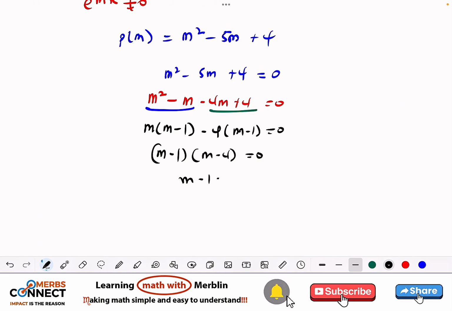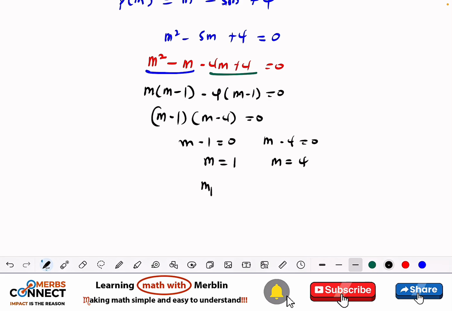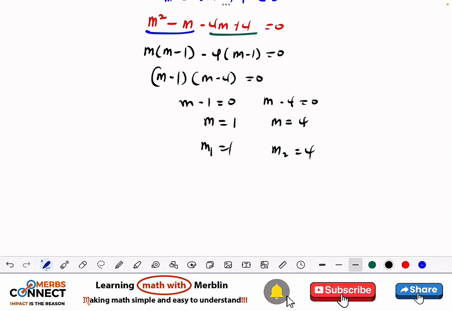So m minus 1 is equal to 0, m is equal to 1, and m minus 4 is equal to 0, m is equal to 4. Good. So I can say that this is m1 and this is m2, or you can interchange it, the same thing. So this is real and distinct. So what will be the complementary solution?